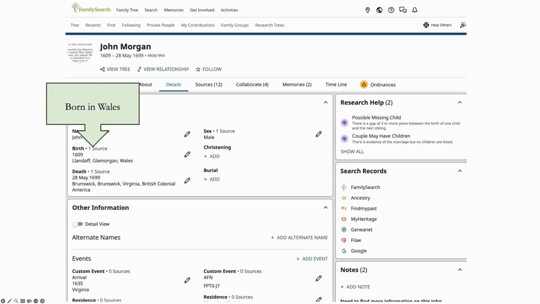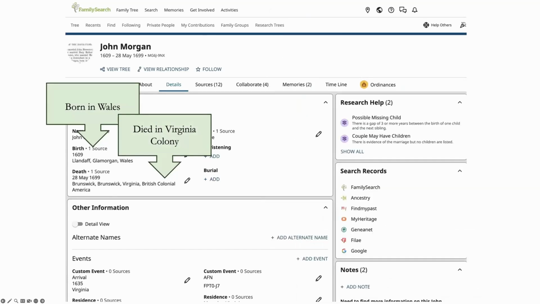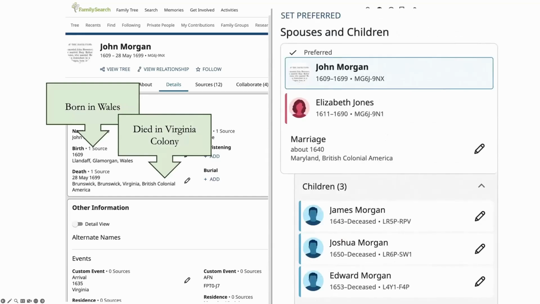And the reason why we're doing this is because this person is supposed to live in the English colonies, the American colonies. And so you can see his death is supposed to have happened in Brunswick, Virginia, British colonial America. And 1699, interestingly enough, he died in that British colony, and he was married in Maryland.